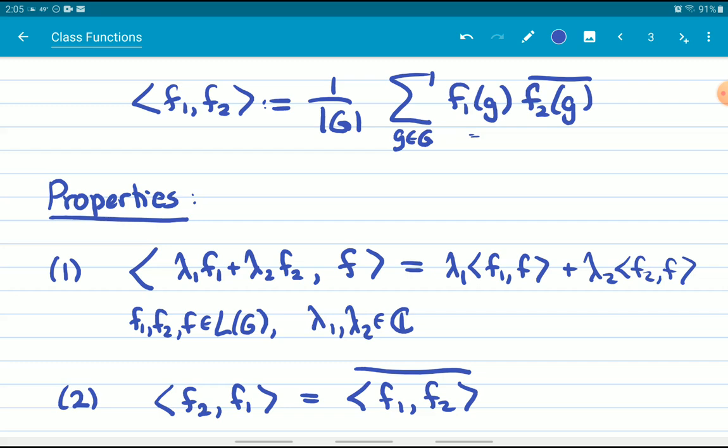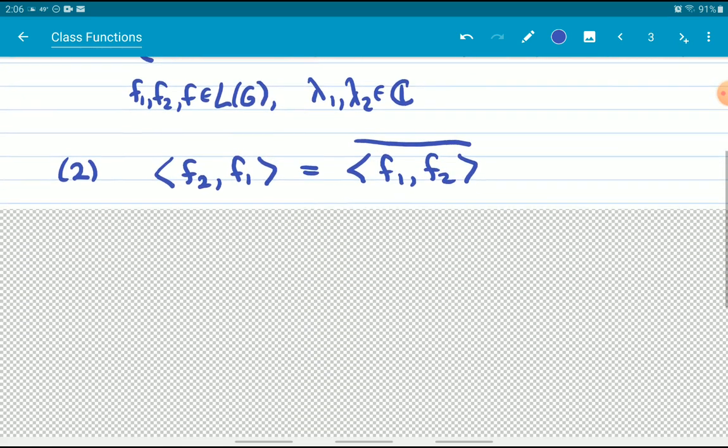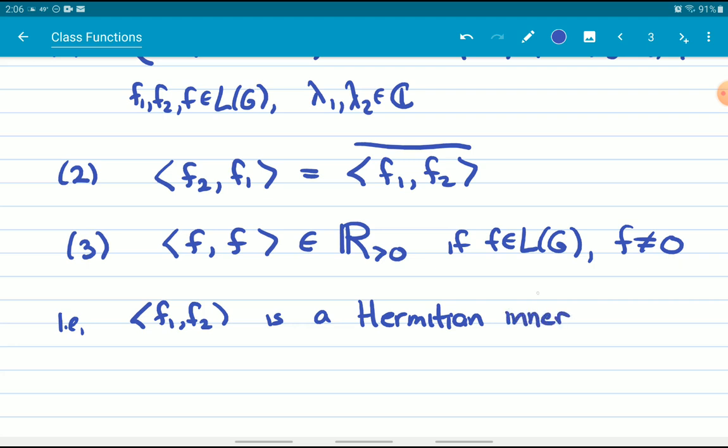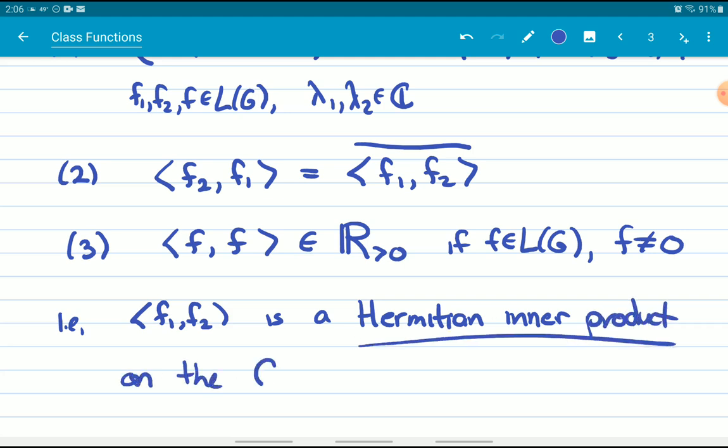Therefore, if the complex number is non-zero, the length squared is positive. In other words, this operation is an example of a Hermitian inner product. So it has the properties of a dot product, but modified for complex numbers to take into account this complex conjugation. It's a Hermitian inner product on the complex vector space L of G.